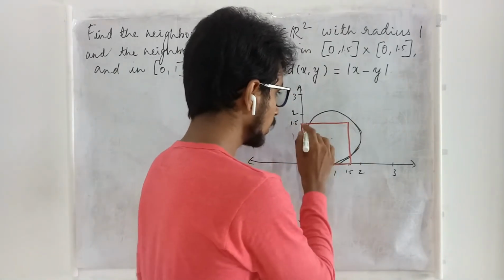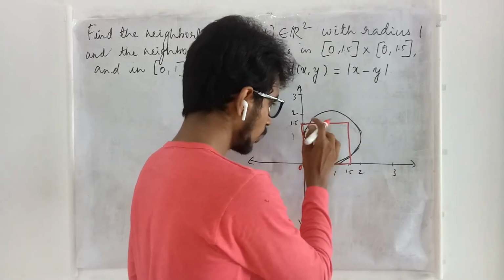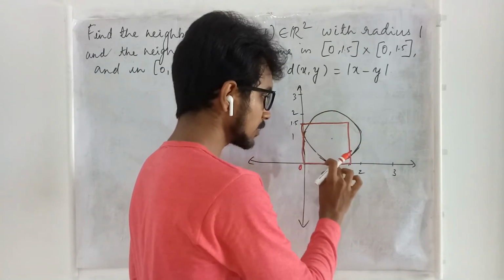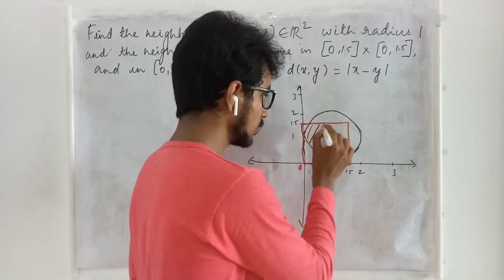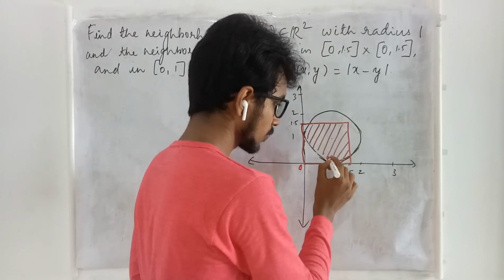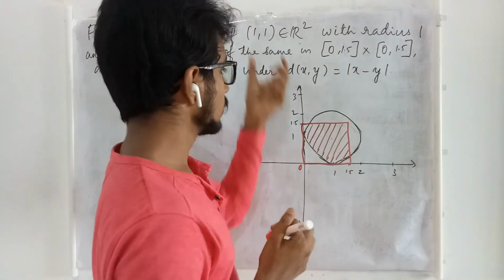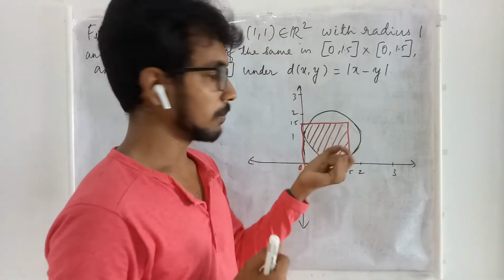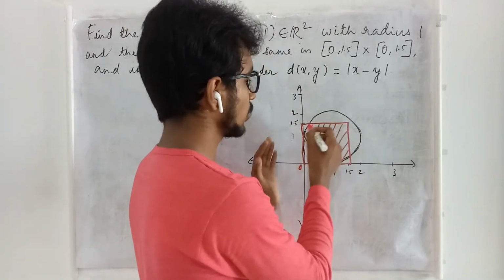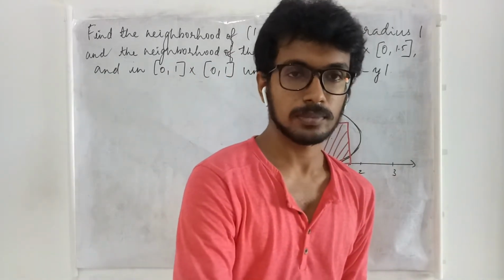The boundary inside this circle is included, this part is included, this part is not included, therefore the shaded region is going to be your neighborhood when this point is treated as a member in this subspace.